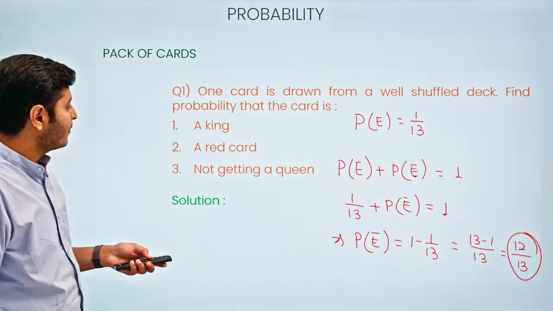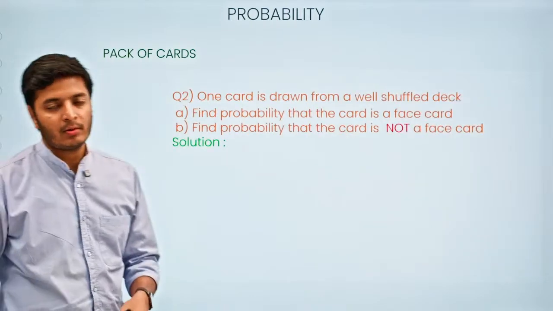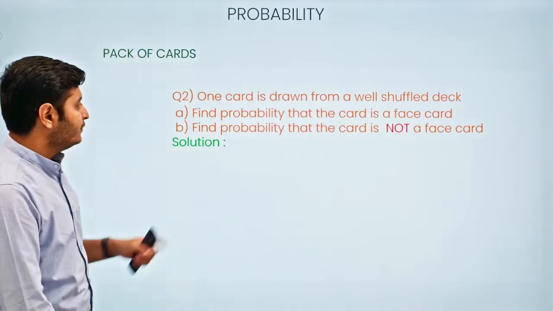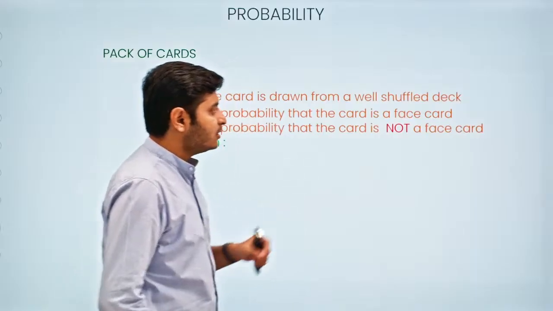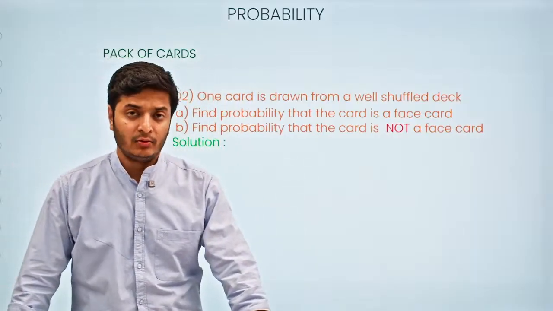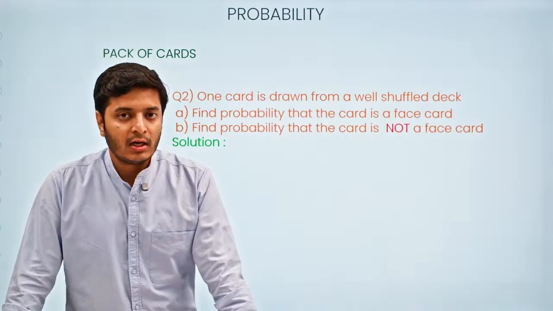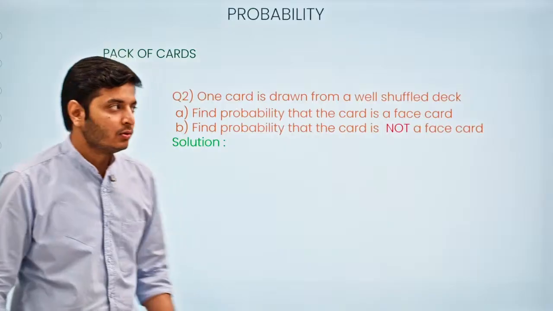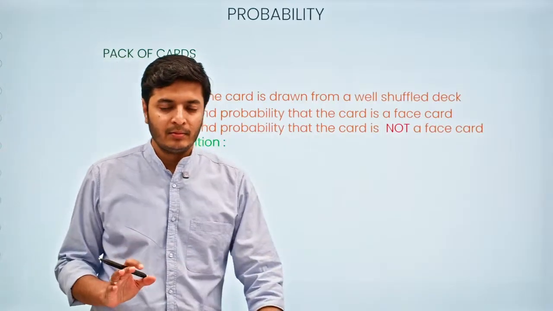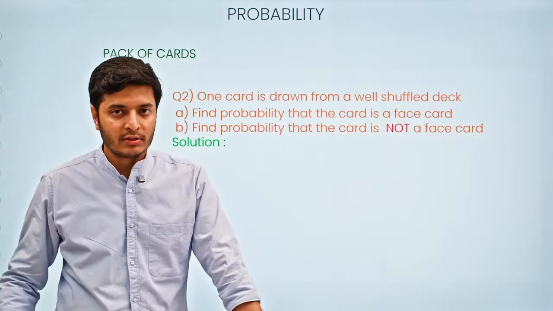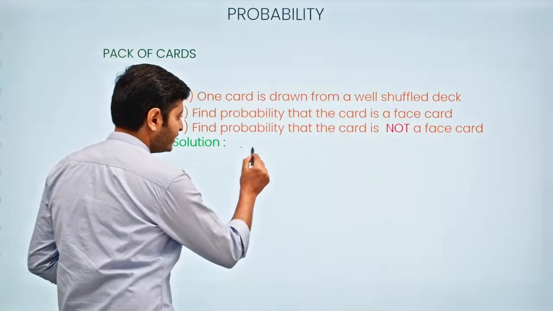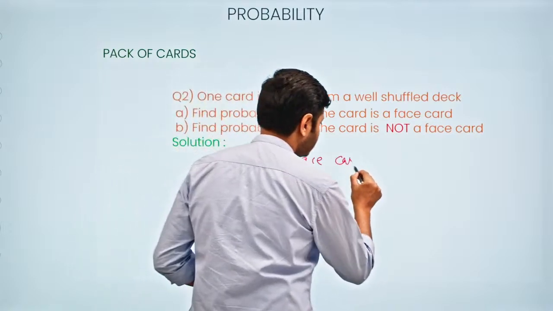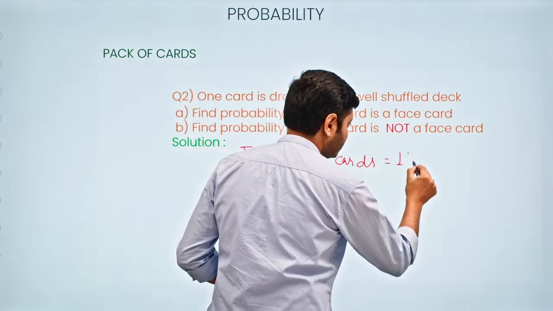Now, next type of problem. One card is drawn from a well shuffled deck of cards. We need to find the probability that the card is a face card. As I told you, face cards are those cards which are either kings, queens or jacks. So 4 of each type, it means 4 kings, 4 queens, 4 jacks. So total face cards is 12.